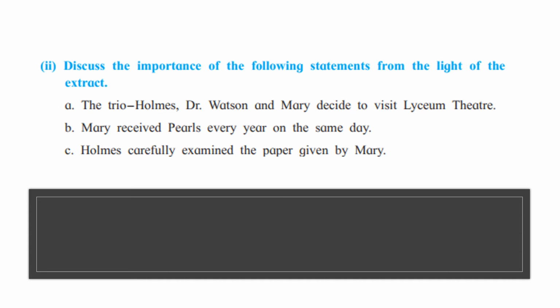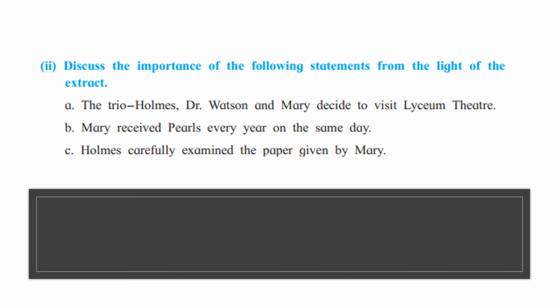Second one, Mary received pearls every year on the same day because after the disappearance of Mary's father, she informs Holmes that Mary's father disappeared mysteriously. A few years later, she was surprised to see an advertisement which was published in the newspaper asking for her address.